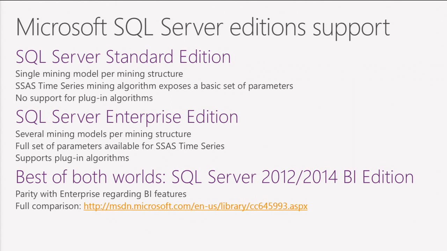If you have the Enterprise edition, you have many more options. It's much more powerful. So, for example, in the Enterprise edition, you have several mining models per mining structure. This means that each allocation key that you have defined in your system with the items, the allocation key is grouping the items in the system, is put into a separate mining model.